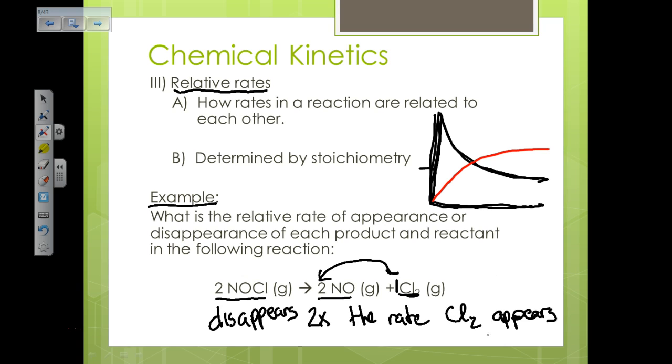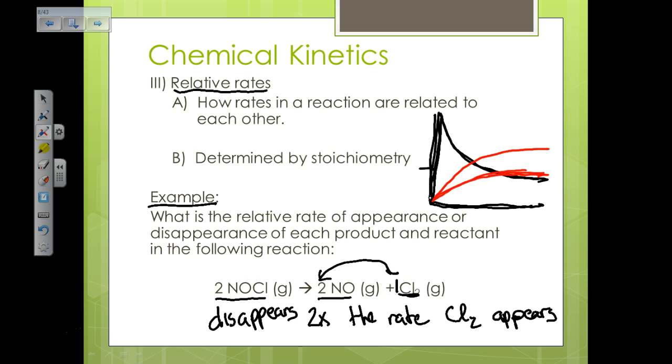Now, if we look at Cl2, chlorine appears only half as quickly, because for every two of these that are being made, only one of these is being made. So this has to increase its concentration just half as quickly.